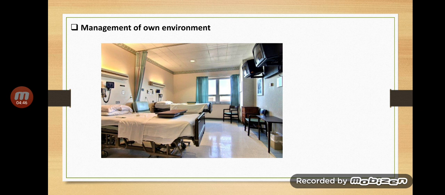Okay, all those management of maintaining their environment, keeping their environment safe and sound, comfortable or not, whether they can do it or not, we have to observe, we have to assess. Okay, if they cannot do it, then we have to teach them, we have to assist them. And if they can do it also, we have to observe them while doing so.